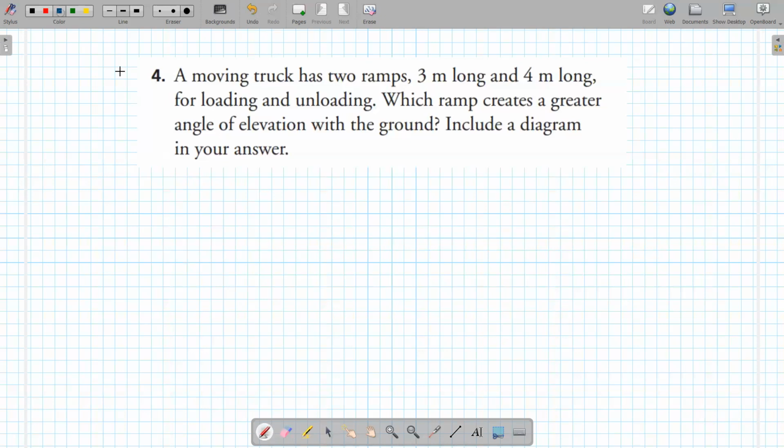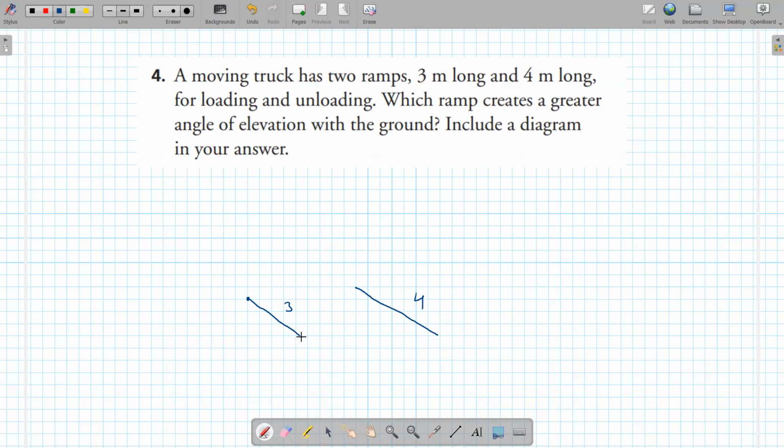So in this case, let's say we have a ground somewhere here. There are two ramps. One of them is 3 meters long and one of them is 4 meters long. The question is, which ramp creates a greater angle of elevation with the ground?